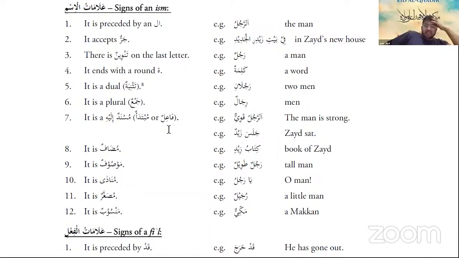And the next one, jalasa zaydun. Zaydun is getting a tanween for being the doer, and a tanween is a sign of a noun. It is mudaf, both nouns: kitabu zaydin, the book of Zaid.